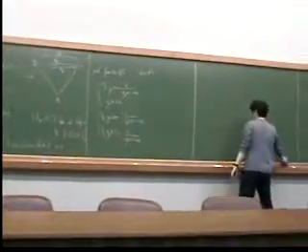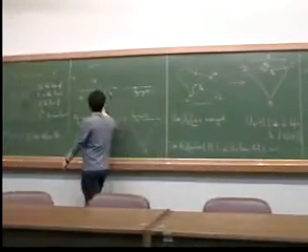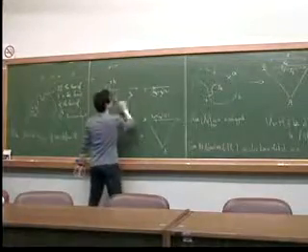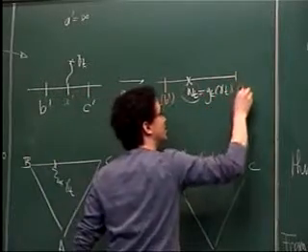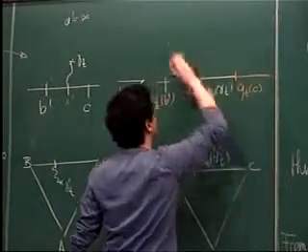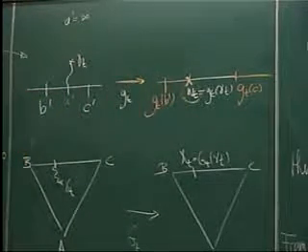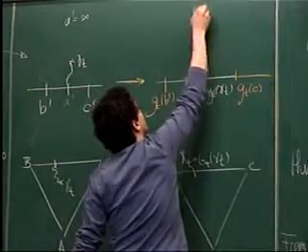So let me erase this little piece here. Here I have gt of v prime, gt of c prime, and I'm in the upper half plane. And gt of a prime is still infinity.